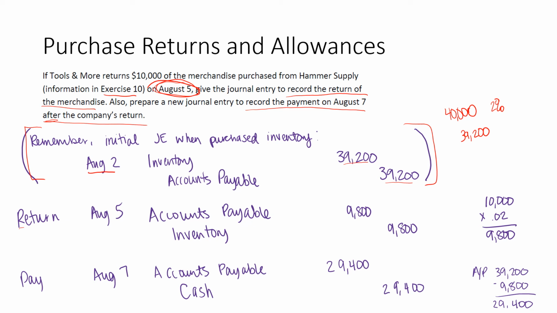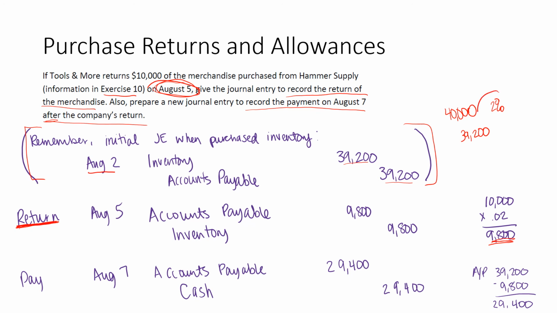So this is the journal entry for returning the merchandise. Note that they're returning $10,000 worth of merchandise. But since they got a discount, it's not actually the full $10,000 worth of merchandise. They actually only paid initially $9,800 for that particular group of merchandise.